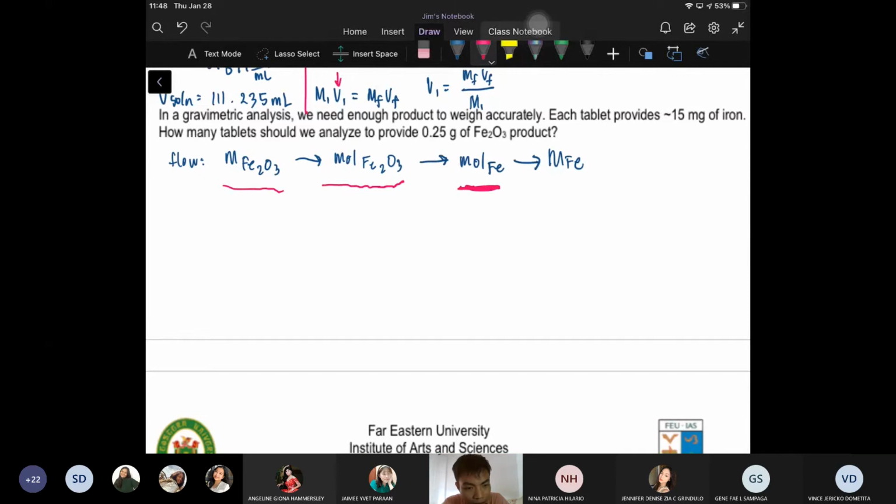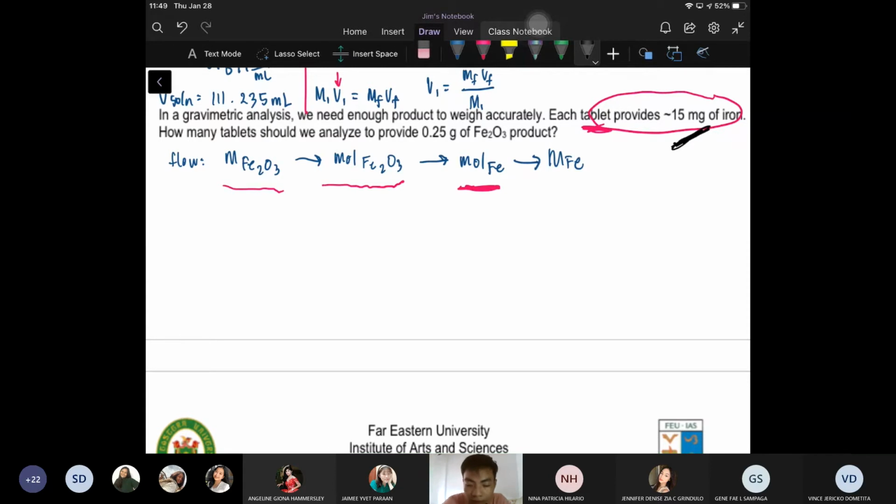Kasi pag alam mo yung amount ng iron na kailangan mo sa experiment, you can solve for the number of tablets. Kasi sabi dito sa part ng question na to, each tablet will give us about 15 milligrams of iron. So, kailangan alam muna natin kung ano yung mass ng iron na kailangan mo overall. Okay? And then, we will compare that sa mass ng iron per tablet, so we can solve for the number of tablets necessary to carry out this reaction.